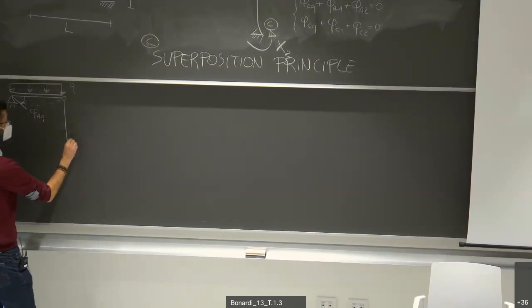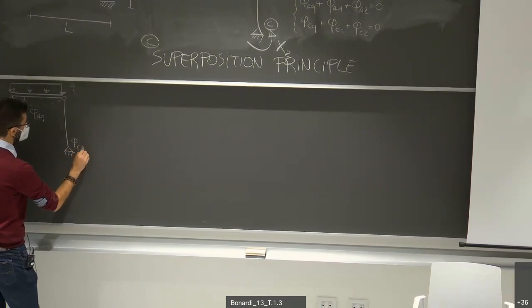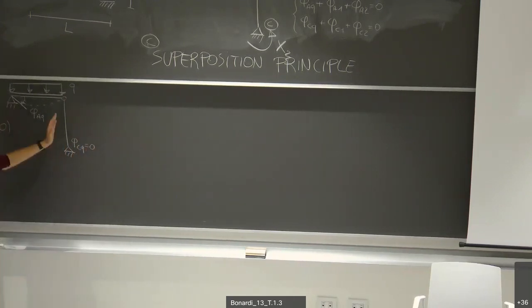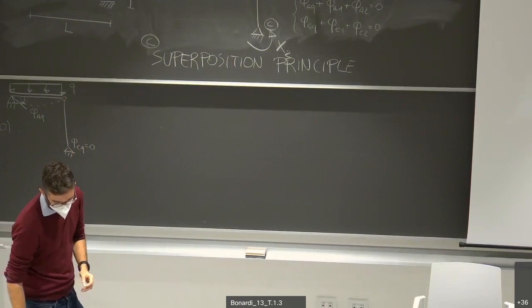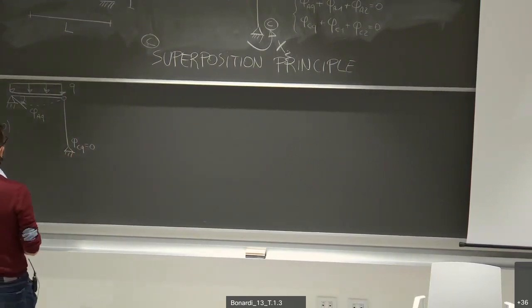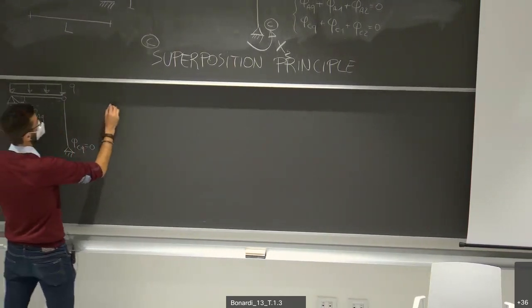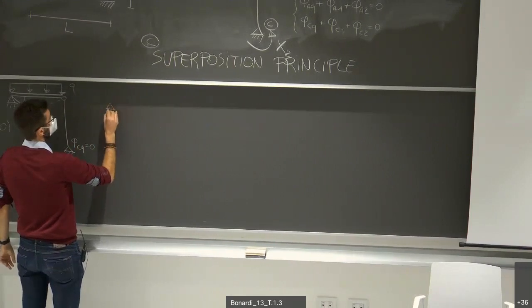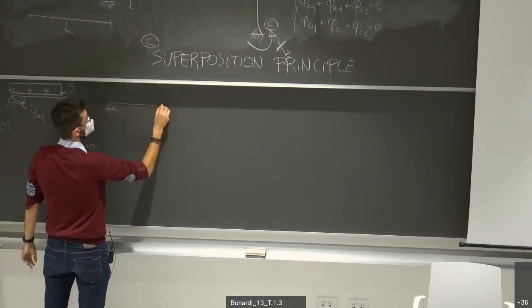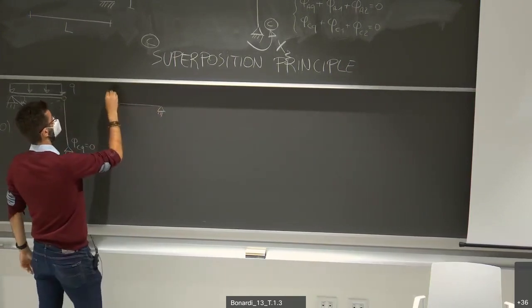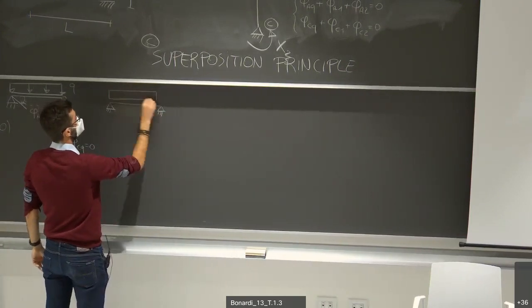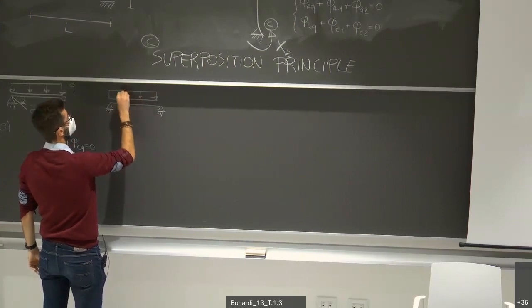So φ is equal to 0 because this column is undeformed, whereas φ_AQ is known if we look for the flexibility coefficient. In this case, it is this one: a supported beam under the vertical distributed load.